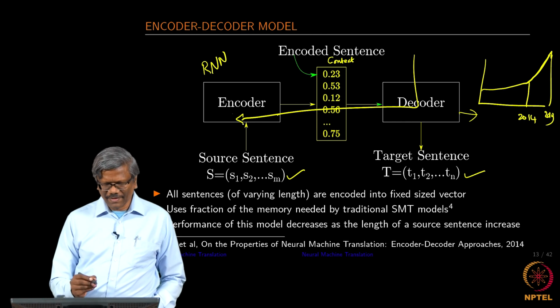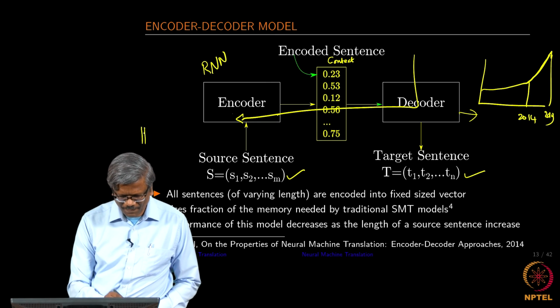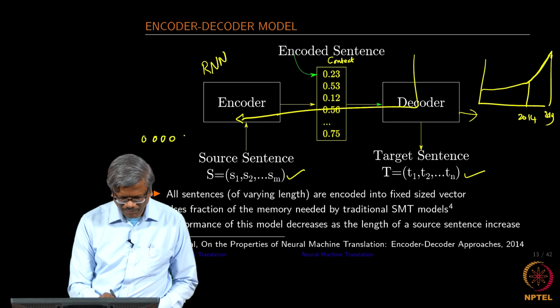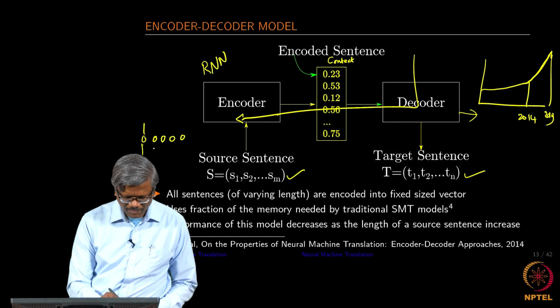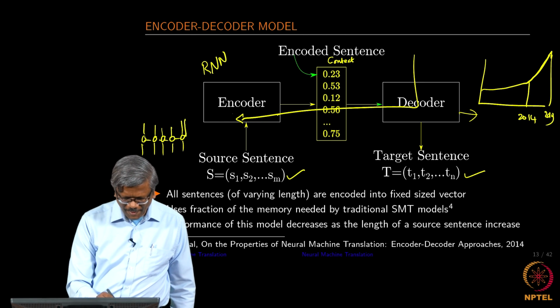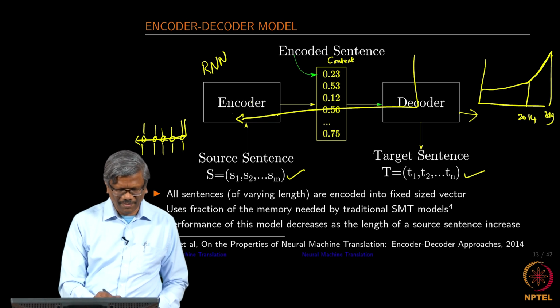So, earlier in the case of RNN, when you start feeding the sentences, it happened within this encoder part, in one single box.